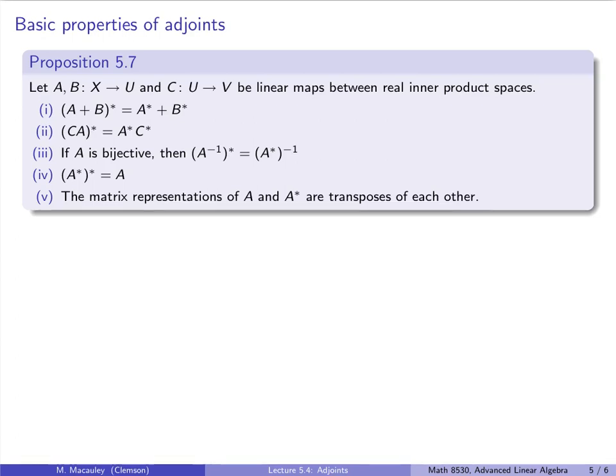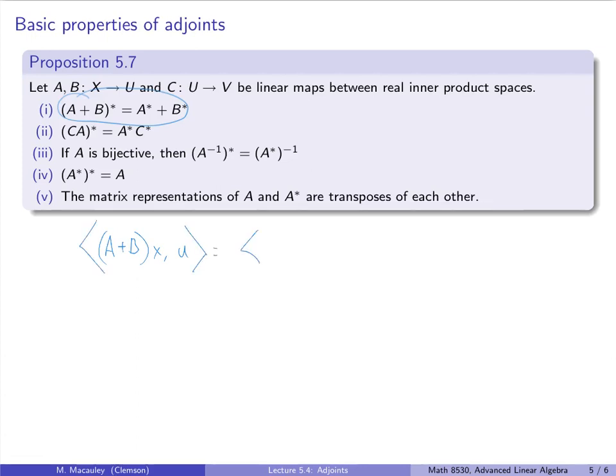So just to get you started on how this is going to work, I'll leave this as an exercise, but let's look at the first one. Let's show that the adjoint of the sum is equal to the sum of the adjoints. Well, let's take the inner product of (A plus B)x with u.